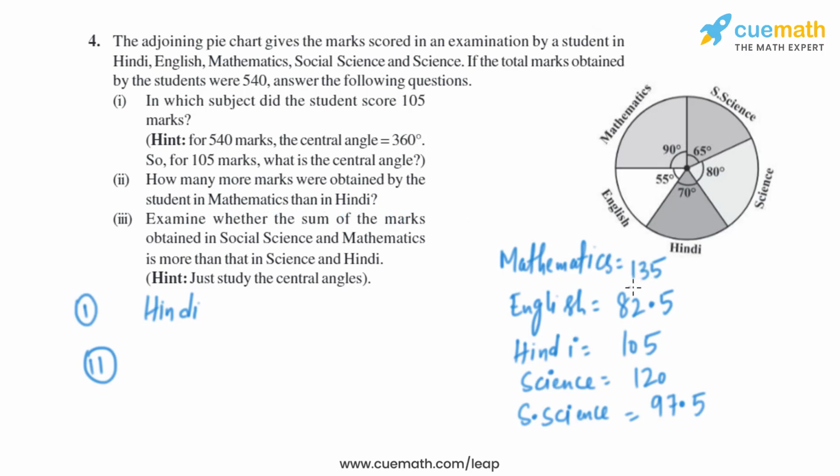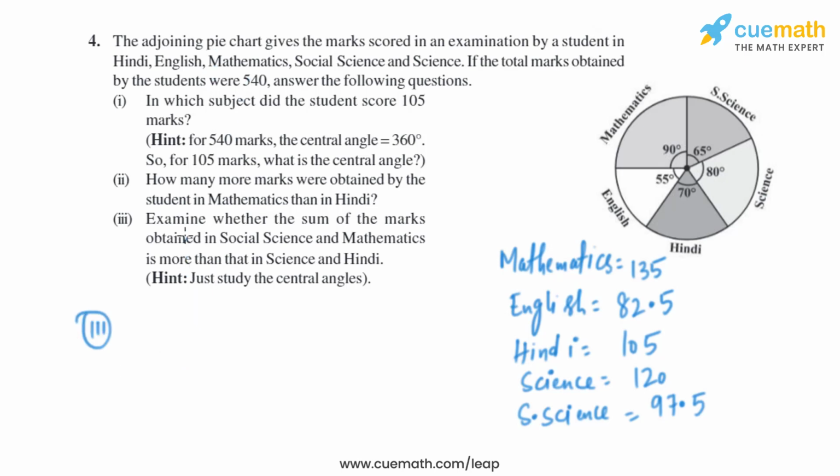So in mathematics, as we can see that the student obtained 135 marks, and in Hindi they have obtained 105 marks. So to find how many more marks they obtained in mathematics, we will do 135 minus 105, which is same as 30. So they got 30 more marks in mathematics than in Hindi.